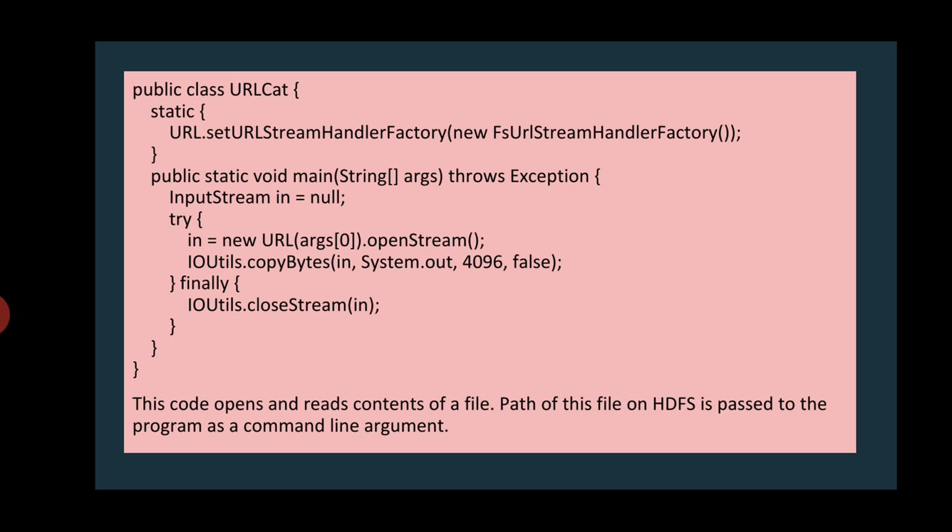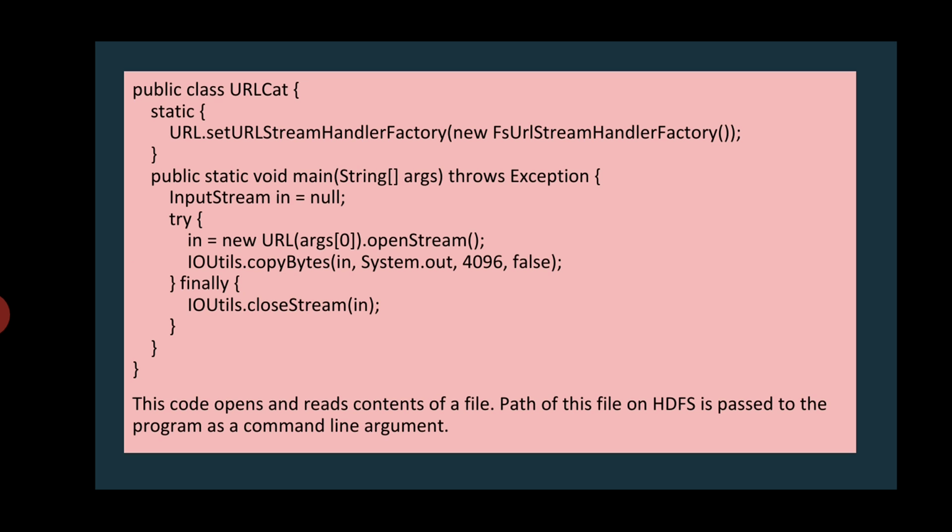For example, I have written this program: public class URLCat. It calls URL.setURLStreamHandlerFactory with a new FsUrlStreamHandlerFactory, and then has a main method, public static void main with String args, throws Exception. An InputStream in is assigned null, and we use a try block.